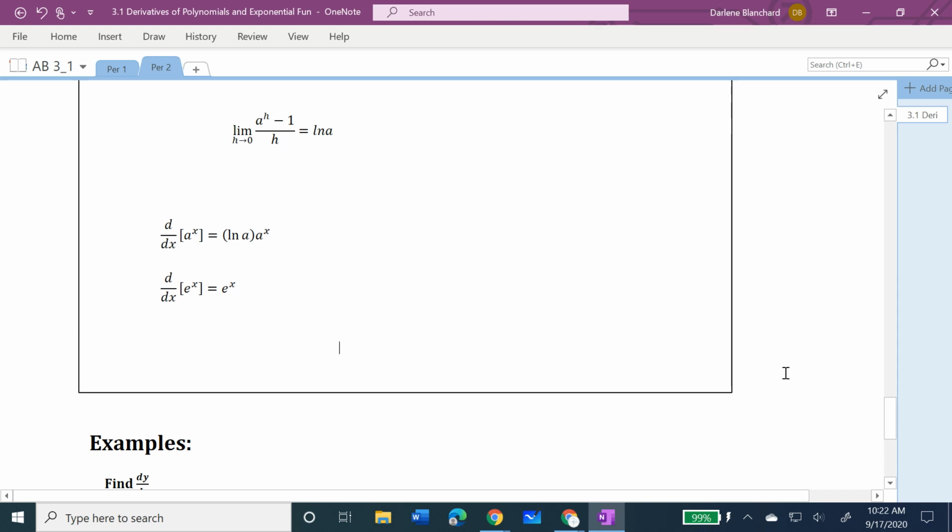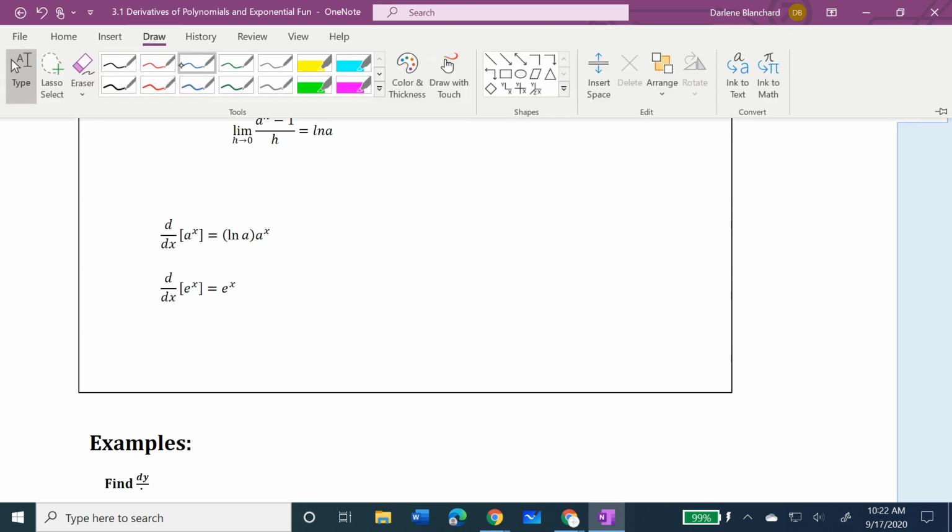Okay. Before I go into examples, though, I want to express to you how powerful the exponential function is through these derivative formulas that we have. So I'm going to ask you this.